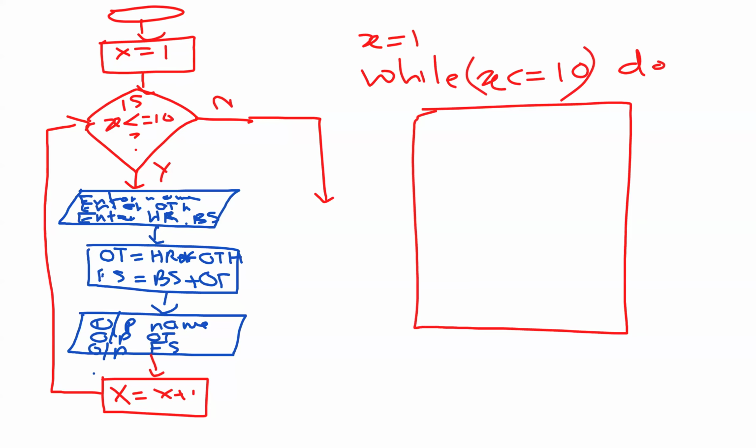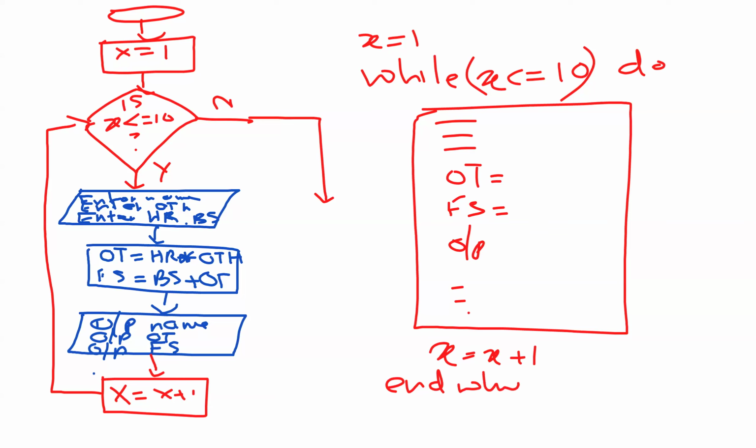Enter name, enter OT hours, enter HR, enter basic salary. Like that you can write. And then OT equals this, final salary equals this, then output like that. Then at the end, x equals x plus 1, then end while.